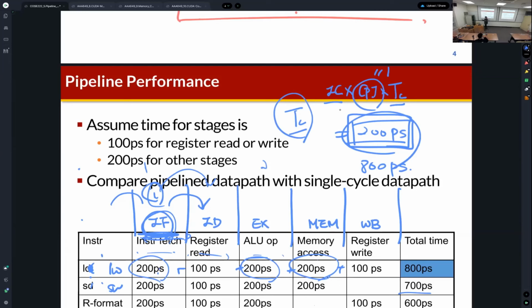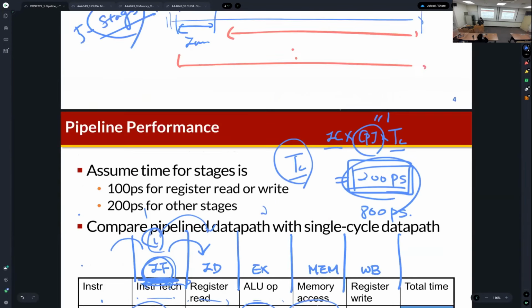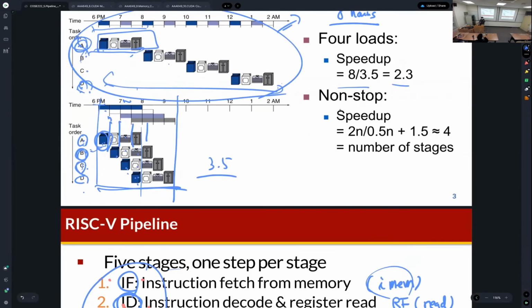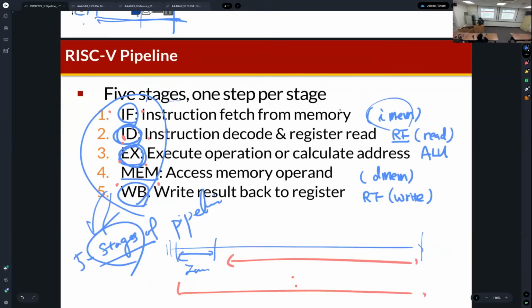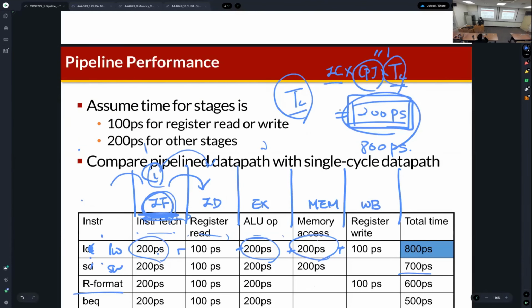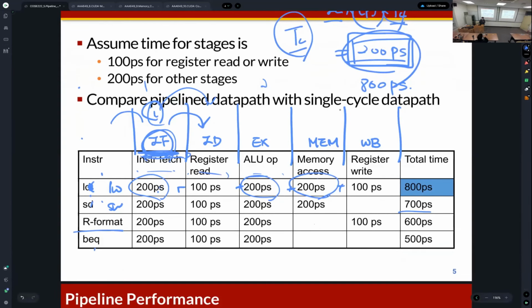We will learn why that is in class. But for the ideal case, CPI is 1. Okay. And TC is reduced. The clock period is reduced because the longest delay is reduced with the pipeline architecture.